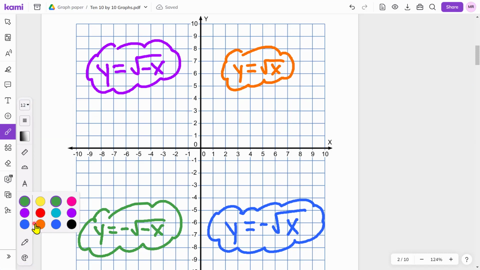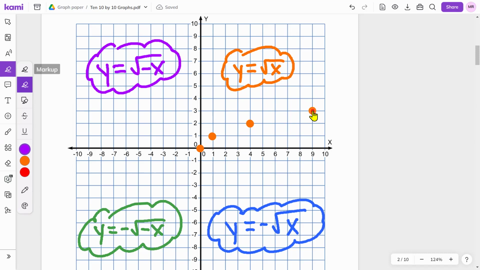So for this one here, the square root of 0 is 0. The square root of 1 is 1. The square root of 4 is 2. The square root of 9 is 3. And that would be my positive square root of x.